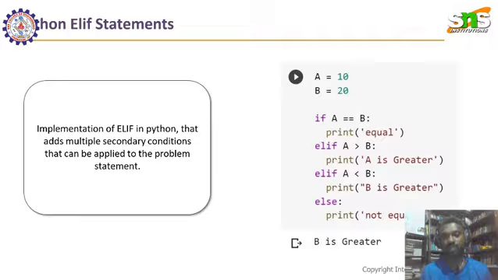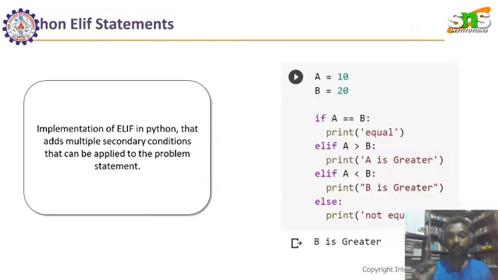See this one. Here we have assigned two values, a and b. The value 10 is assigned to a. The value 20 is assigned to b. First we have to check whether these two values are equal. If they are equal, then it prints equal. Suppose if a is greater than b. So when we want to test more conditions, then we go for an elif statement.